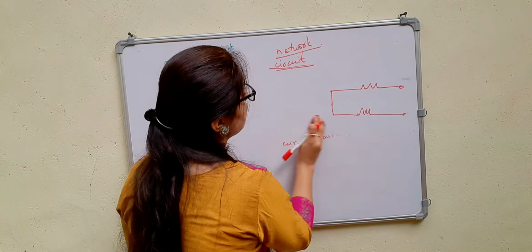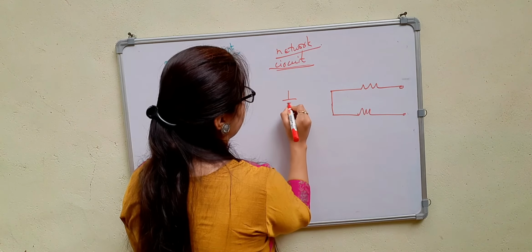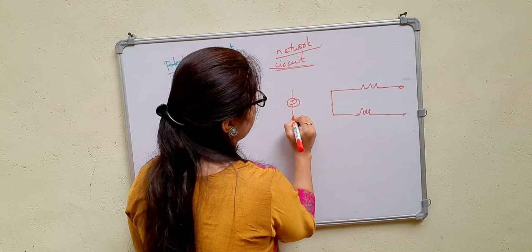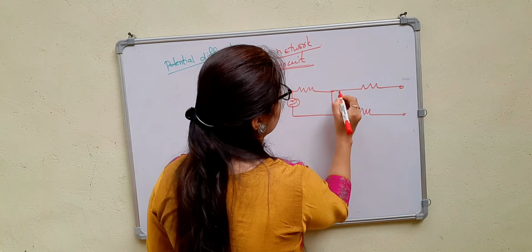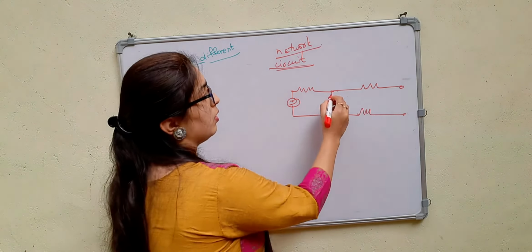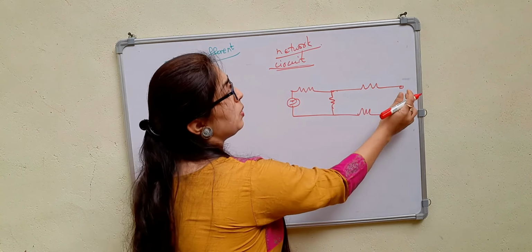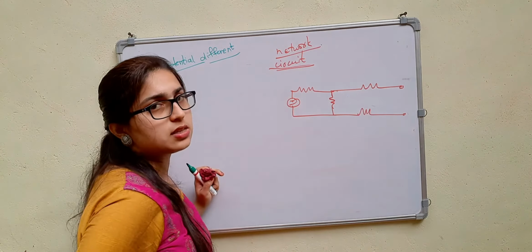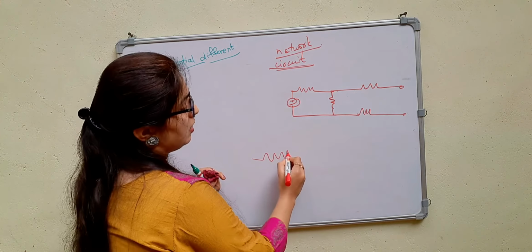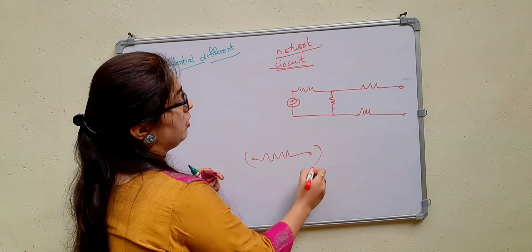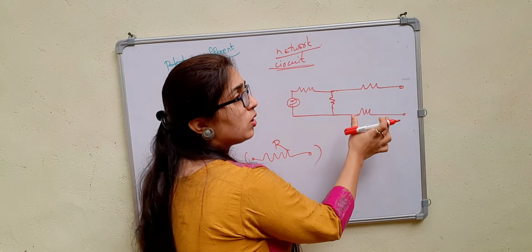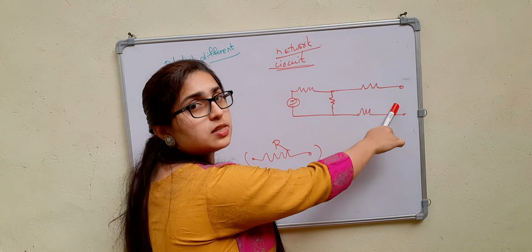So if I consider like this, this is a network, because there is an open path and no current flows through these two resistors. So you know resistor is denoted by this symbol, right? This is your R. So here there is no current flow in these two resistors because this is open.